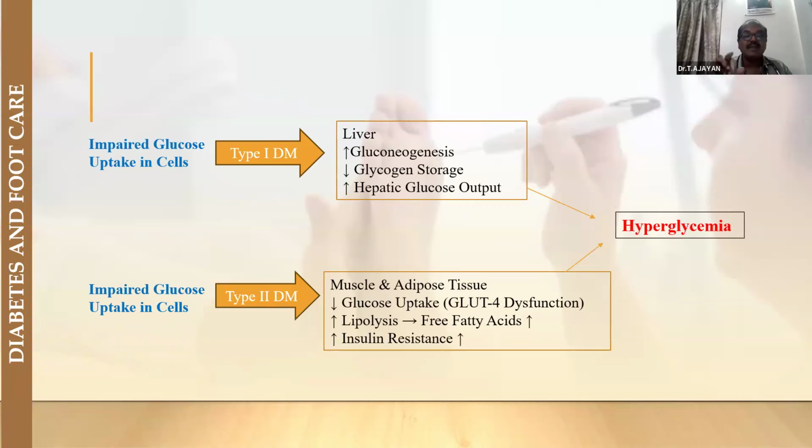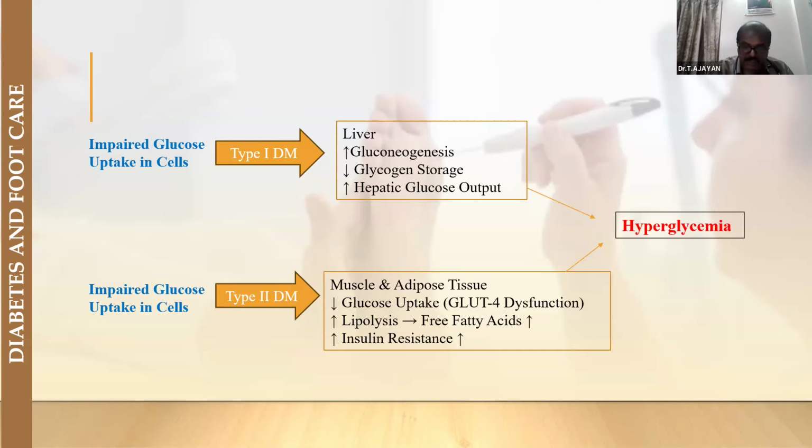In type 1, the liver shows increased gluconeogenesis, decreased glycogen storage and increased hepatic glucose output, causing hyperglycemia. In type 2, impaired glucose uptake in muscle and adipose tissue is followed by increased lipolysis, which liberates free fatty acids into the blood. This causes increased insulin resistance, followed by hyperglycemia.